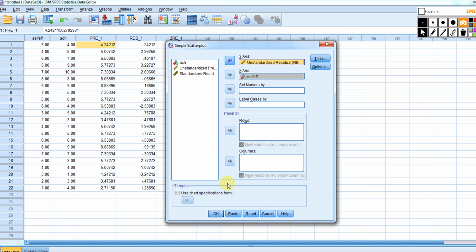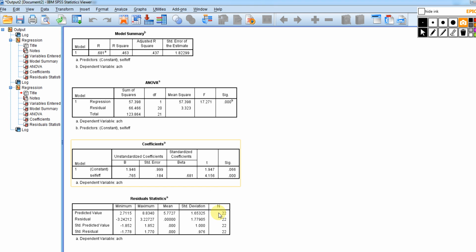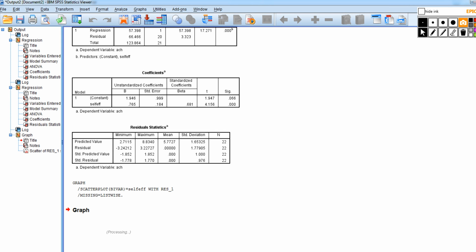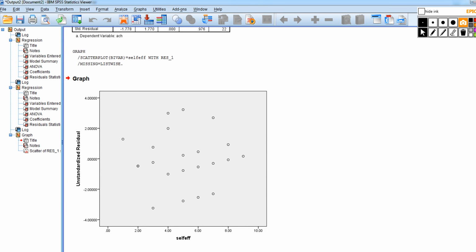So if I click on OK, what I'm essentially looking for here is, you'll notice that, like I said, the mean of the residuals is 0. So this is the mean right here.